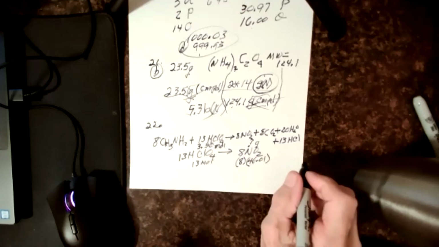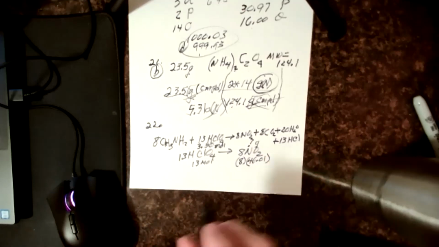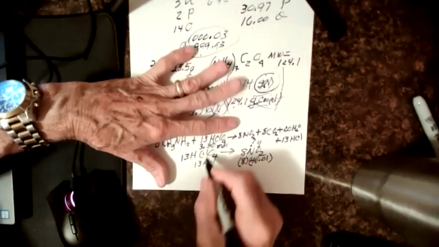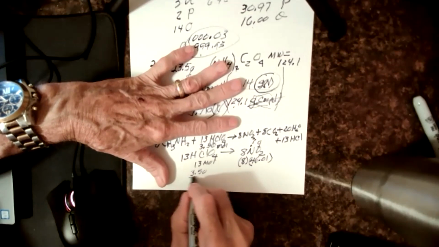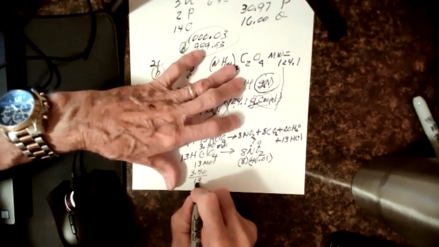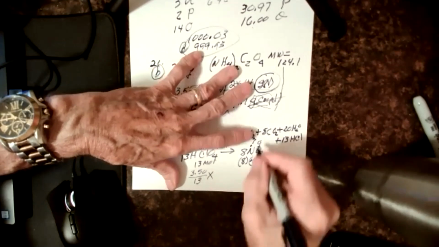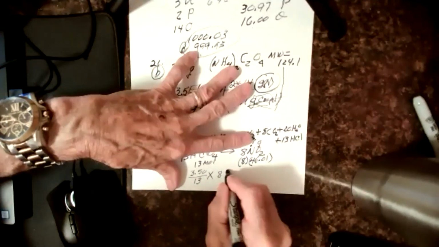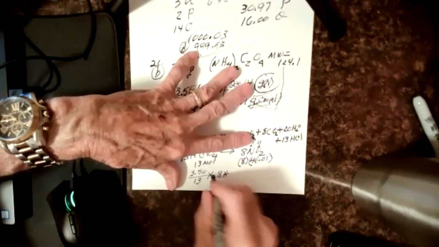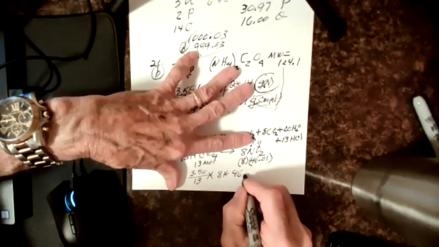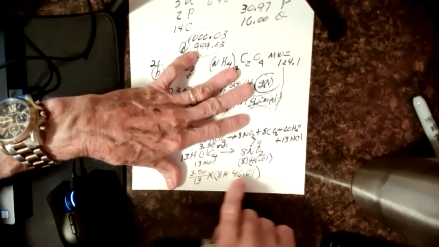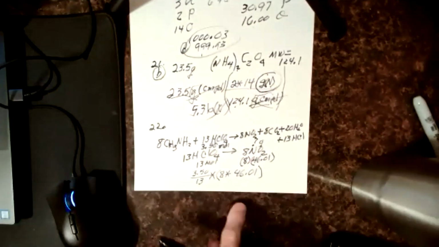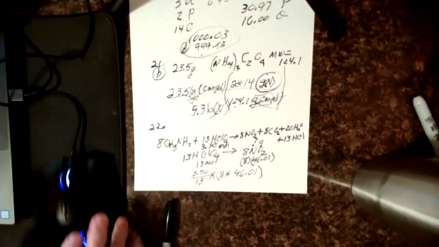Okay, now I'm going to do the quick and dirty setup. I'm going to take 3.5 divided by 13, that's my rebalancing factor, times what's under my question mark, 8 times 46.01. Now you see, there's the rebalancing factor times what's under the question mark, but set up in a way that I can do it on my calculator just with a few keystrokes.